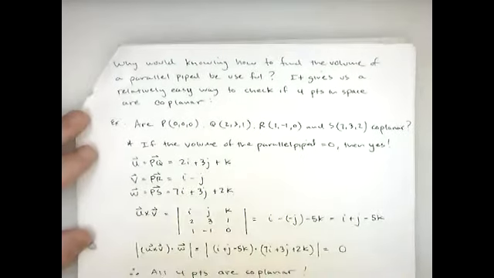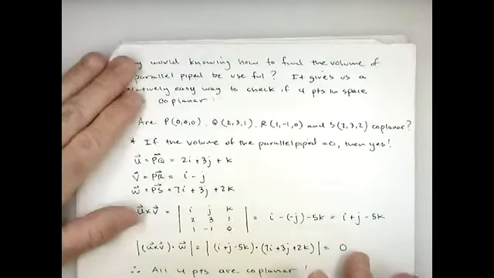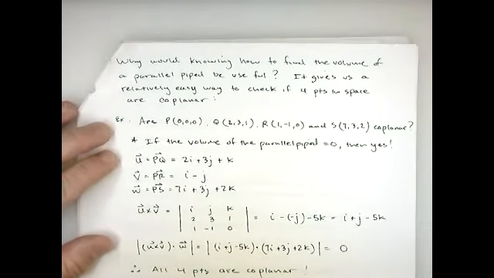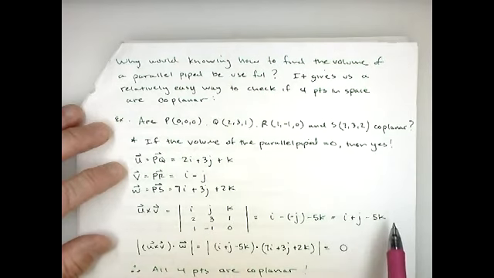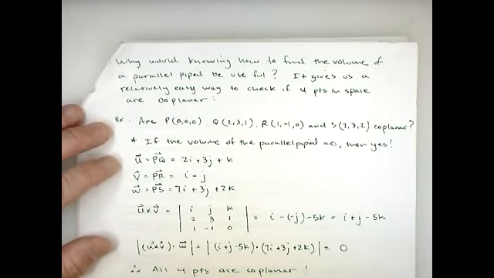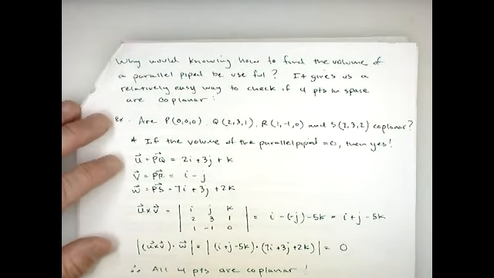One common question that I think in an algebra class, in two-dimensional algebra, you should definitely know how to answer is that if I give you 3 points, we know between any 2 points there's a line, but if I give you 3 points, a good question to ask is, are all 3 of those points collinear, or do they all lie on the same line?